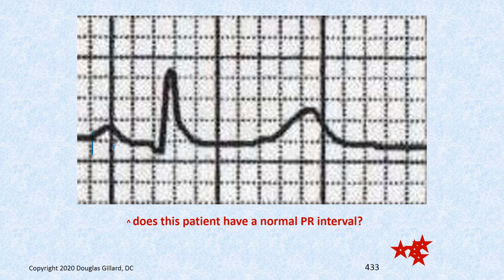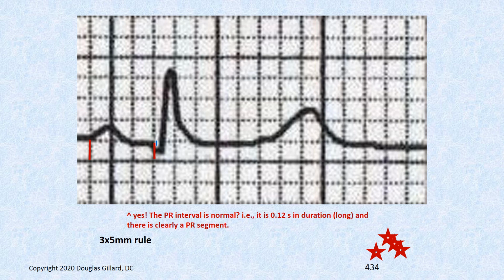So there's 1, there's 2, and there's 3 would be here. Yep, it looks to be exactly, or maybe just about exactly 3 millimeters, or 3 little boxes. So yeah, that's normal.